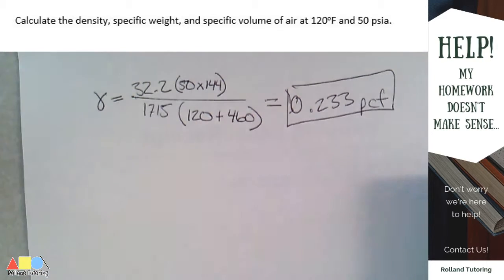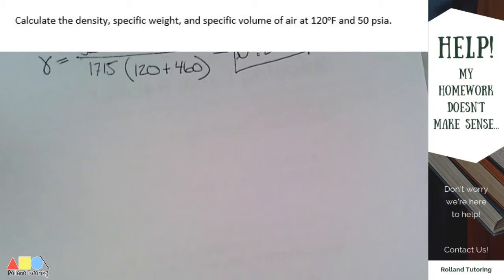Next, we need to find density and the specific volume. So we'll have to go back and look at our equations again, because we will need to find an equation for density, which we can also look at.